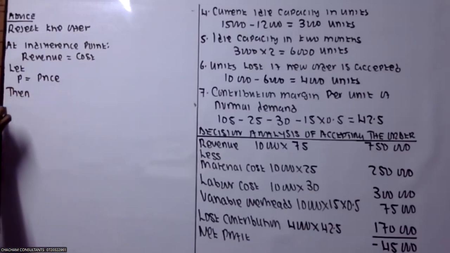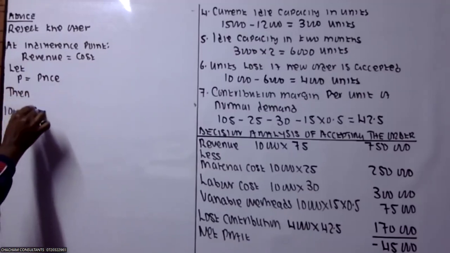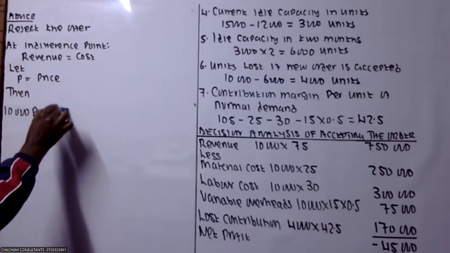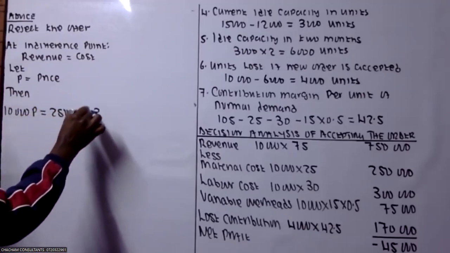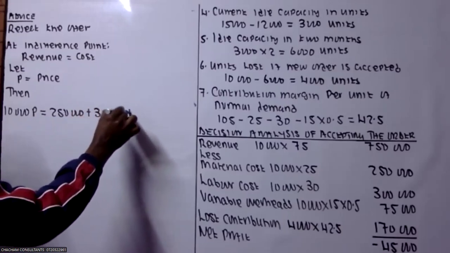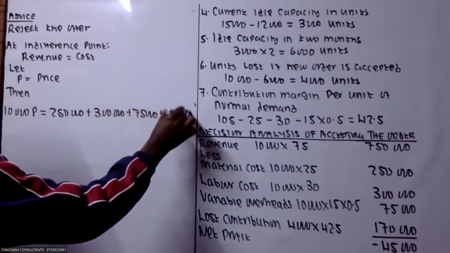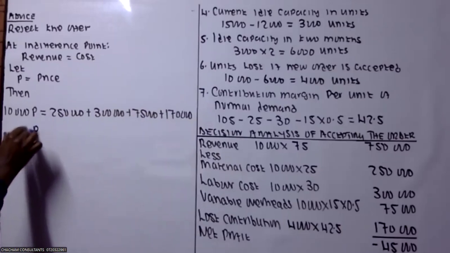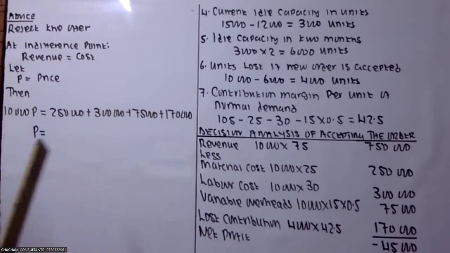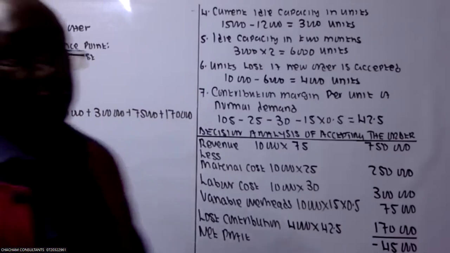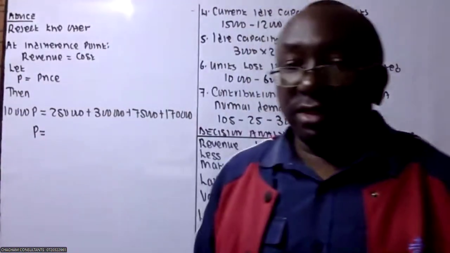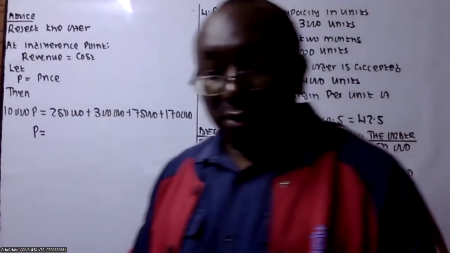Then 10,000 P should be equal to these 250,000 plus these 300,000 plus these 75,000 plus these 170,000. From there, find P. That's the point at which they will be indifferent, where we are at 0. Indifference is the point at which options are equally good.